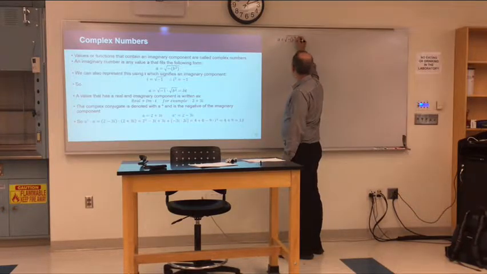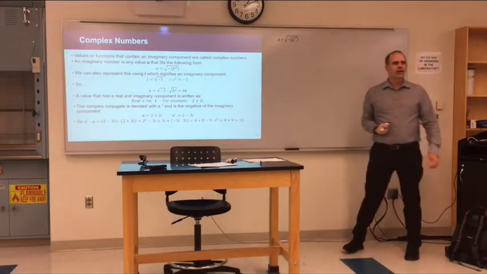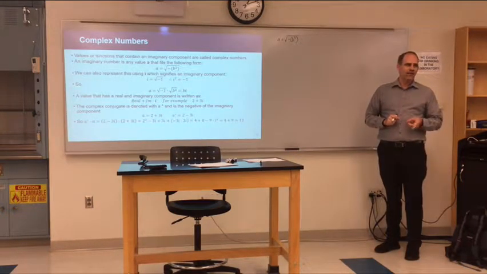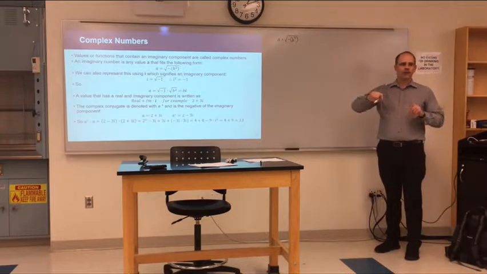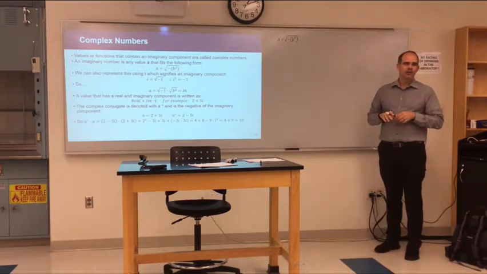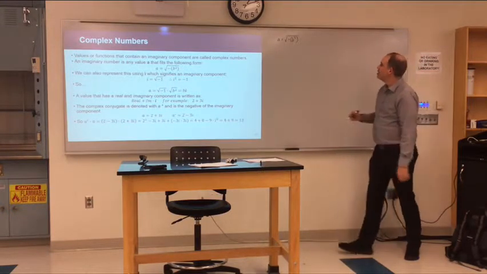I'm putting a set of parentheses around here to be clear that I'm squaring b and then taking the negative of it, not squaring negative b. So it's square first and then take the negative.